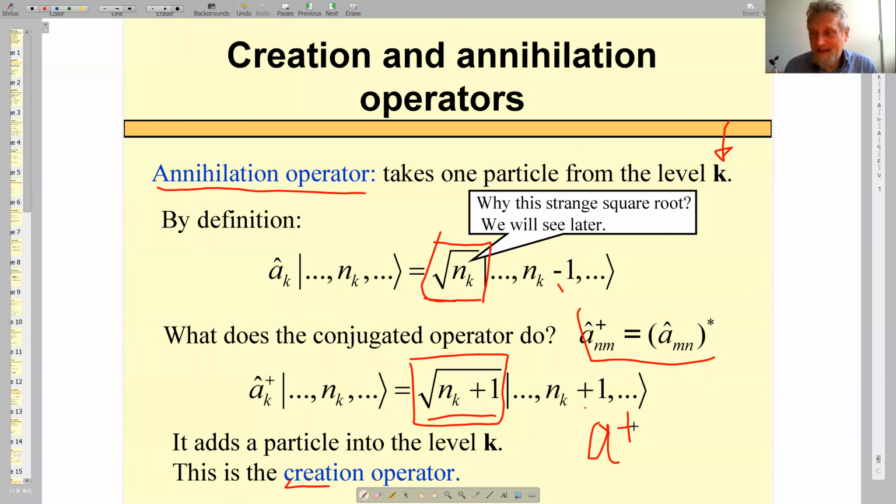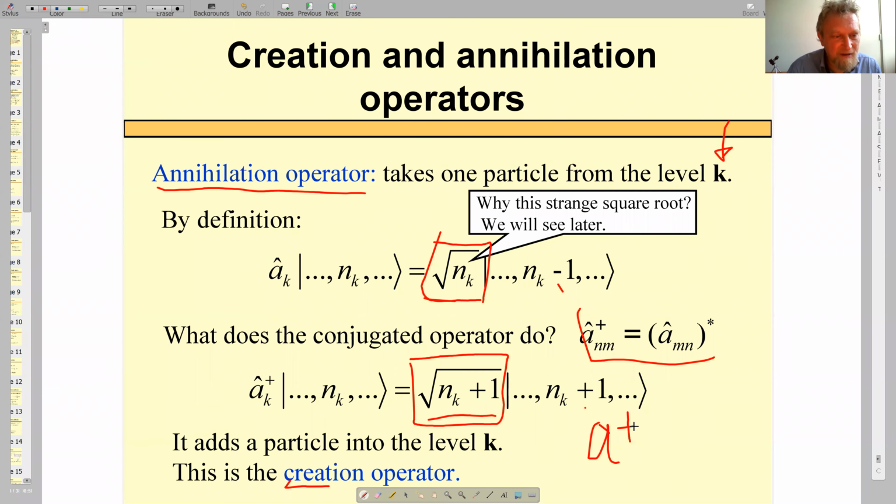So this operator adds a particle, creation operator. If you go deeper into Christianity, then you should understand that the cross symbolizing death is eventually also a symbol of new life, a symbol of recreation. So this is why it is a creation operator.